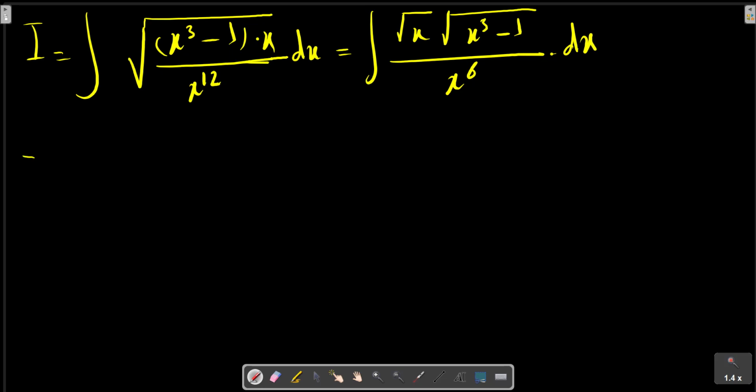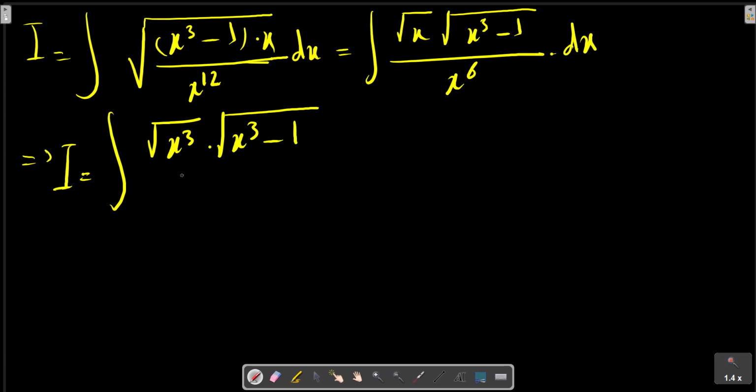Substitution to x³ minus 1 on x⁶ dx on x.